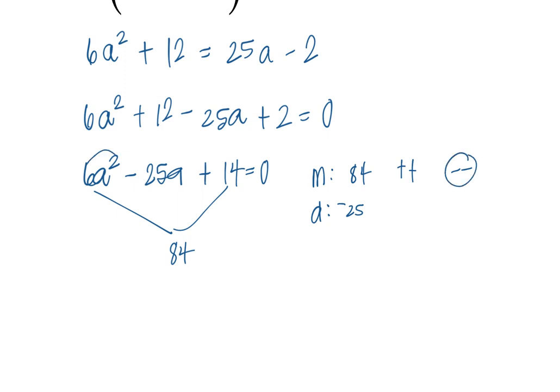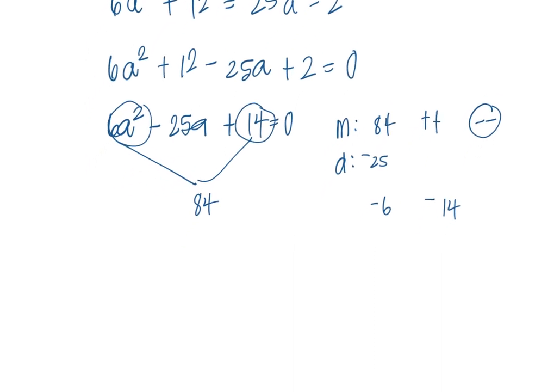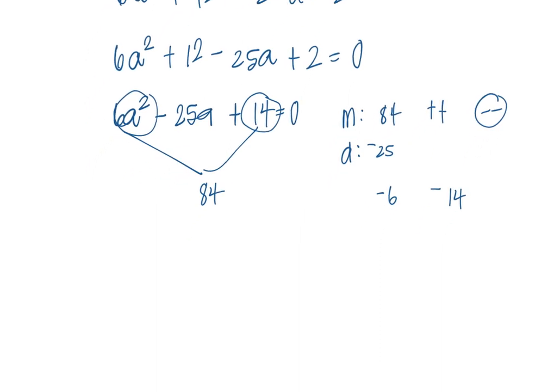And this is a rare case, and I say rare, it does happen, but 6 and 14 multiplied to give me 84. And if I were to make them both negative, they would add to give me that negative 25 that I need. So let's rewrite that middle as minus 6a and minus 14a.